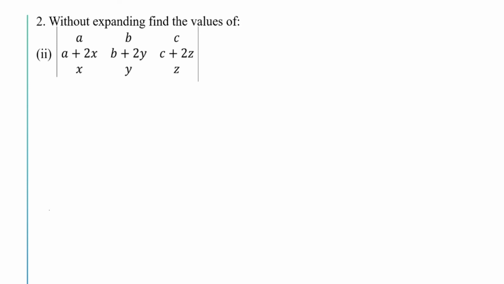The next question, without expanding, find the values of. So again, let us use the property 5, and we can write the determinant as sum of two determinants. Here we have a plus 2x, b plus 2y, c plus 2z. So we can write this as sum of two determinants. So let us take this is equal to delta.